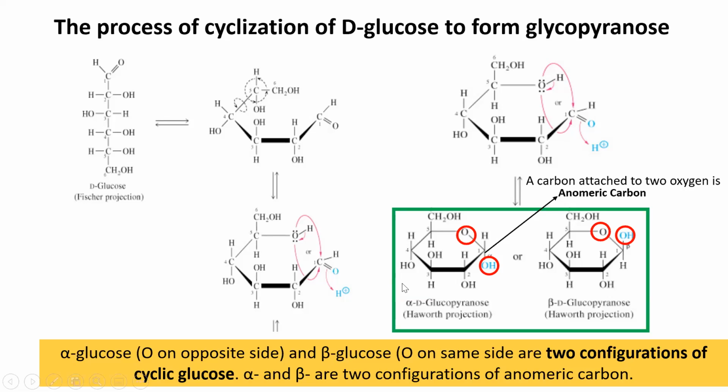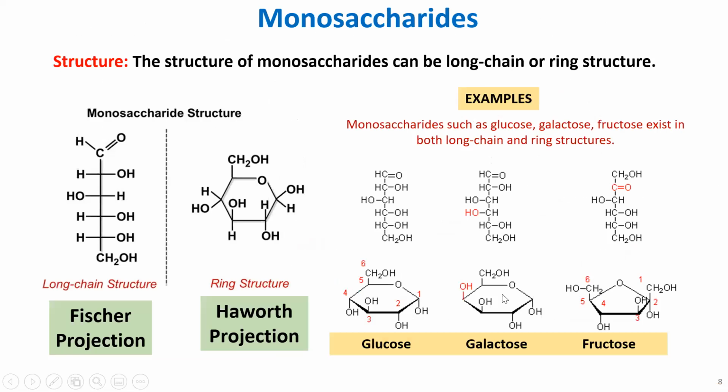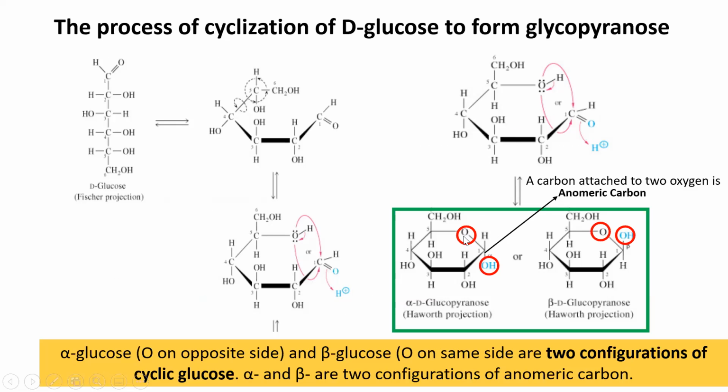The only thing we have to remember here is we don't need to remember this process of cyclization. We have to remember that this O and C actually kind of bonded together, and we still continue to have the same number of hydrogens and oxygen, just arranged a little bit differently.